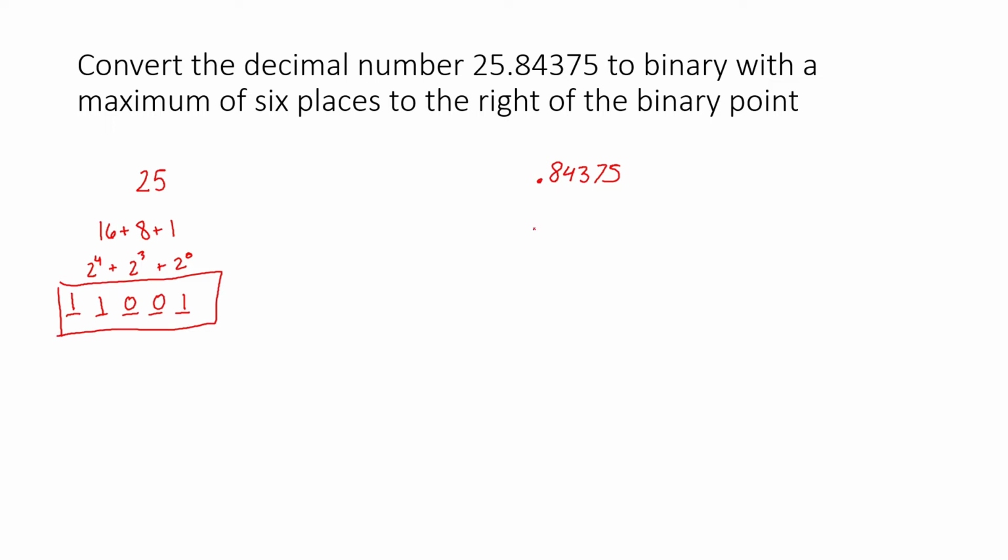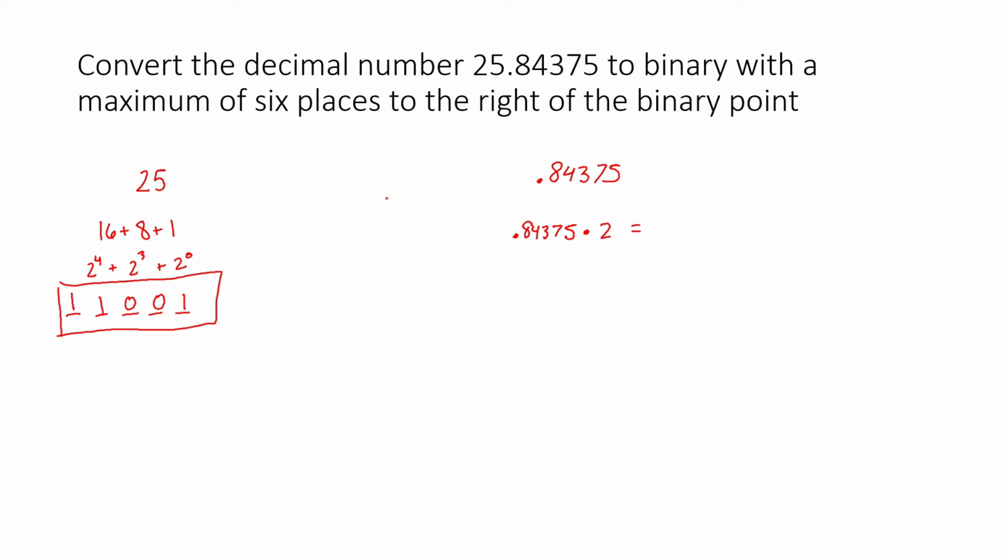So we'll save that for now. And what do we do over here? Here we want to do a repeated multiplication by 2 to figure out our places. So we take 0.84375 and multiply that by 2 and keep its binary digit. So what do I mean by binary digit?